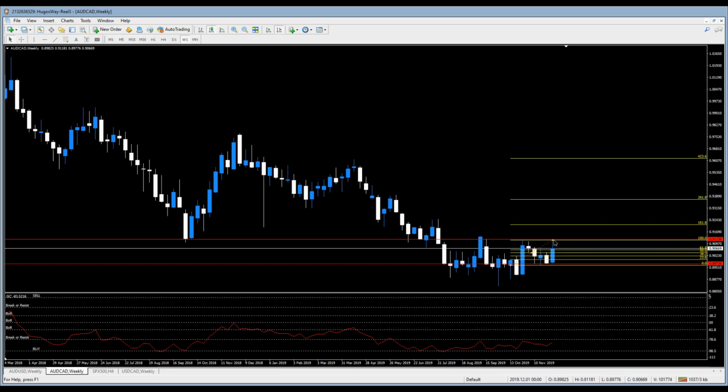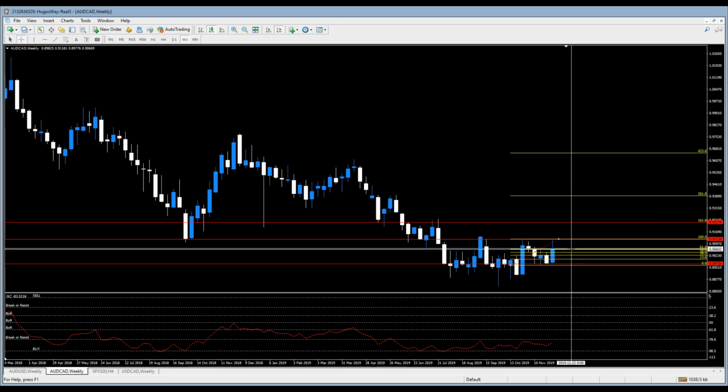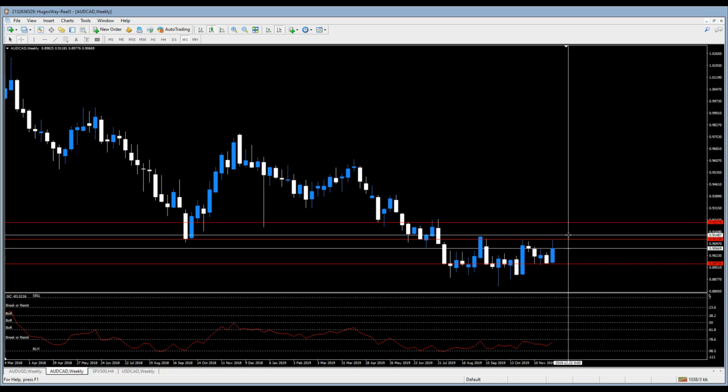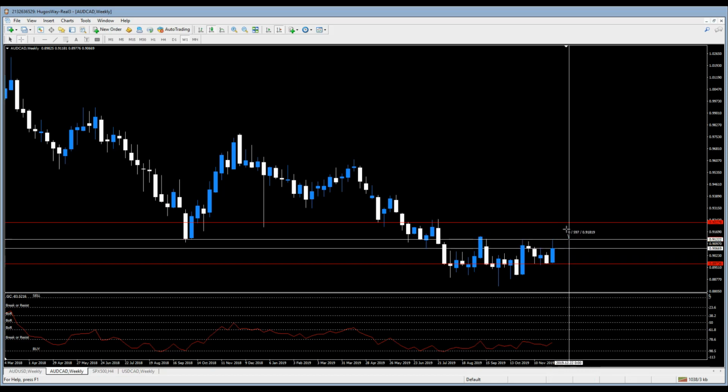We have a 151. How's that from current price? 150 pips. Nice. Okay, 150 pips. Or if you want to wait for the break, so you have scenarios, after the break that's 100 pips.